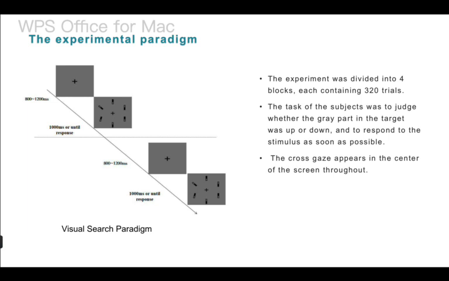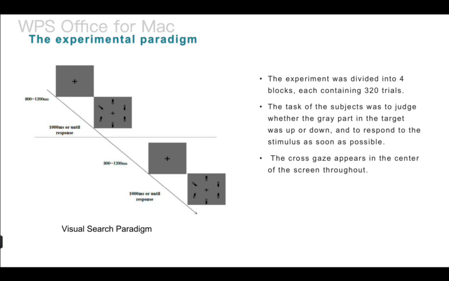The experiment was divided into 4 blocks, each containing 320 trials. An 800 to 1,200 millisecond cross was presented on a green screen, followed by a stimulus that includes the target and the distractor for up to 1,000 milliseconds.